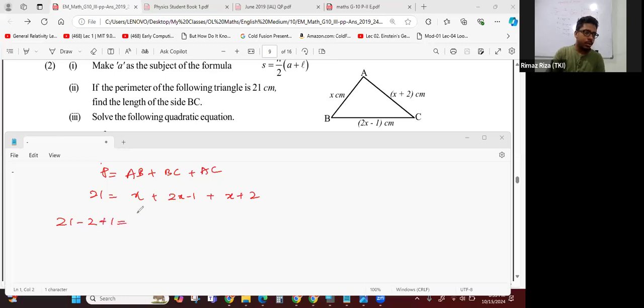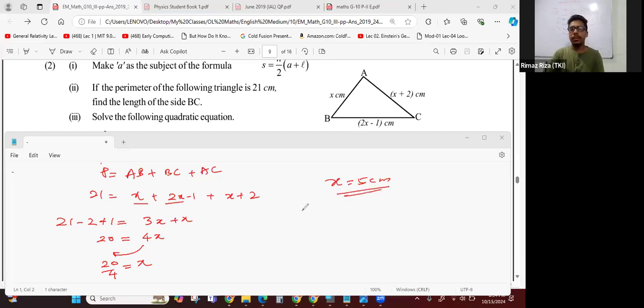Now x plus 2x is 3x, plus another x. So 21 minus 2 is 19. 19 plus 1 is 20 equals 4x. Then we want to find the value of x, therefore you have to make x the subject. If you take this multiplication by 4 to the other side, it becomes division. 20 divided by 4 equals x. Therefore, x equals 5 centimeter.